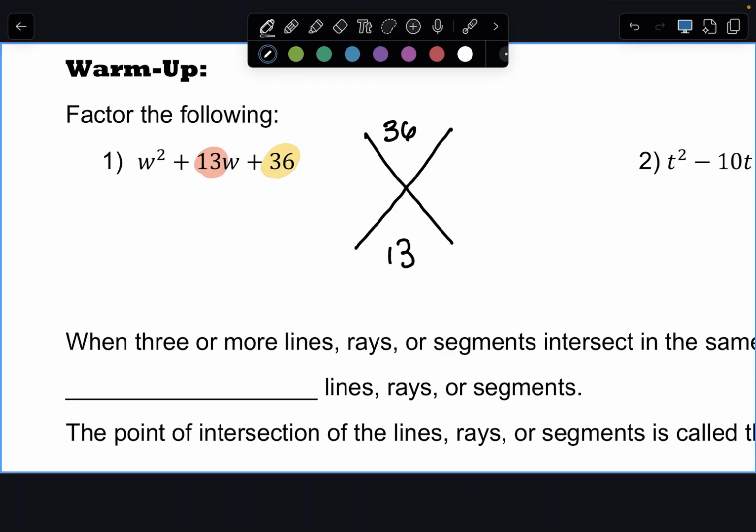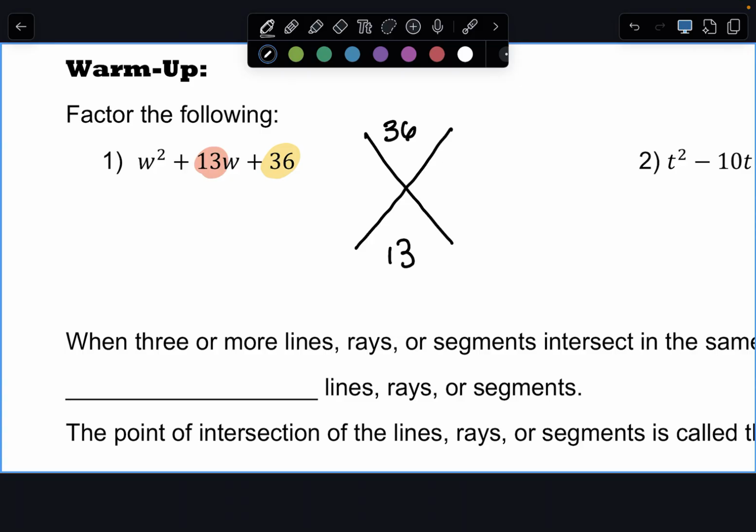Anyone have any suggestions? What multiplies to 36? 6 and 6, okay, that's not going to add to 13. What else? 2 and 18, that's not going to add to 13. What else? If 2 fits into 36, what else probably fits into 36? 36.